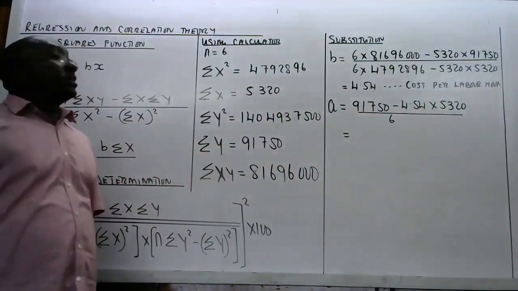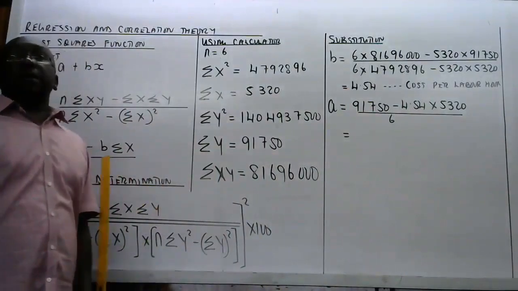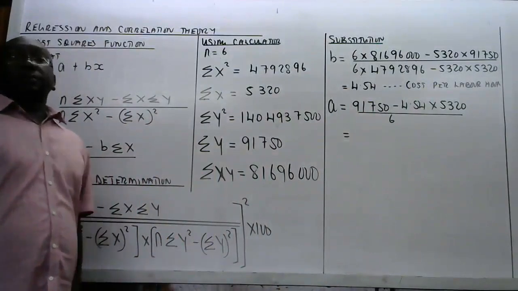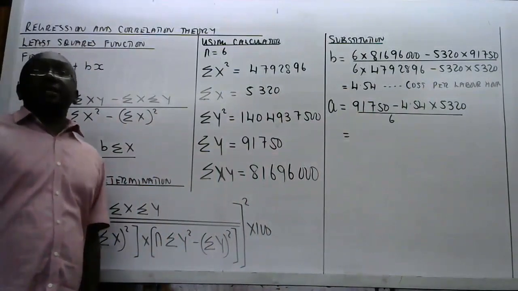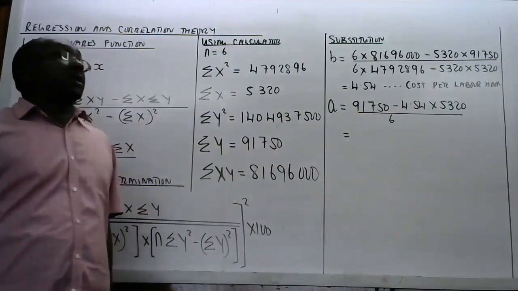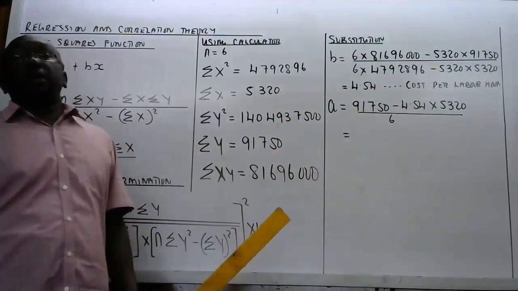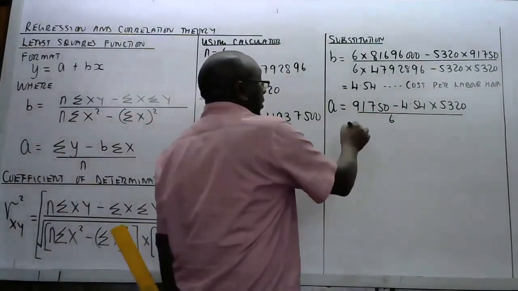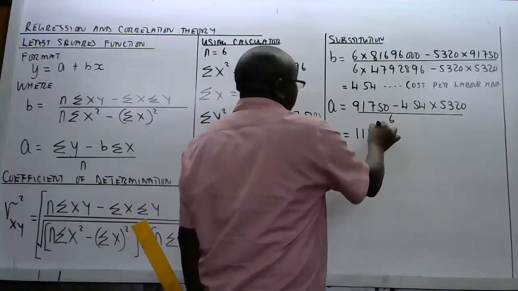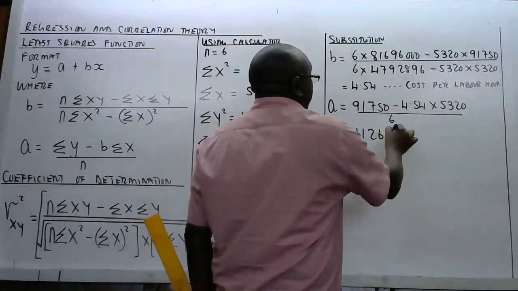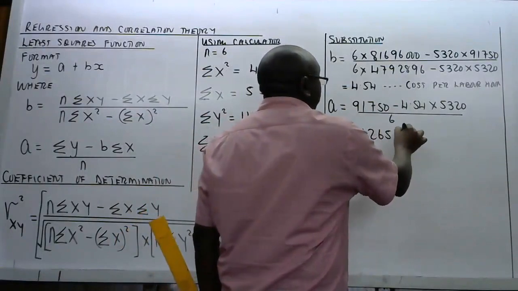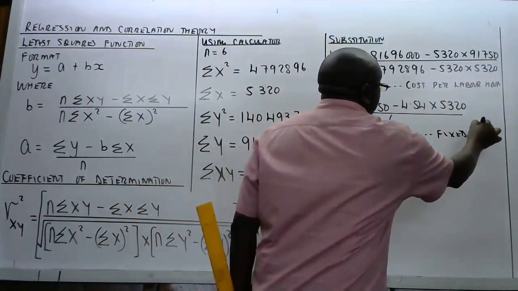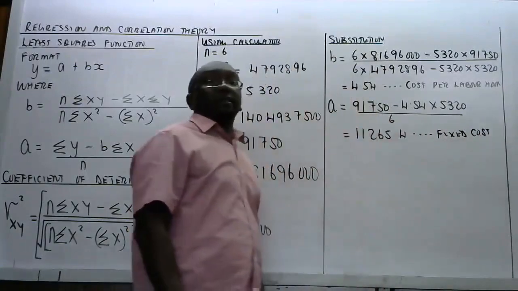And when you do that, you press shift button number 2. You go forward until you get A, press 1, you press equals. What do you get? 11,265.4. Now this is the fixed cost. If you want to be young, that represents the fixed cost.